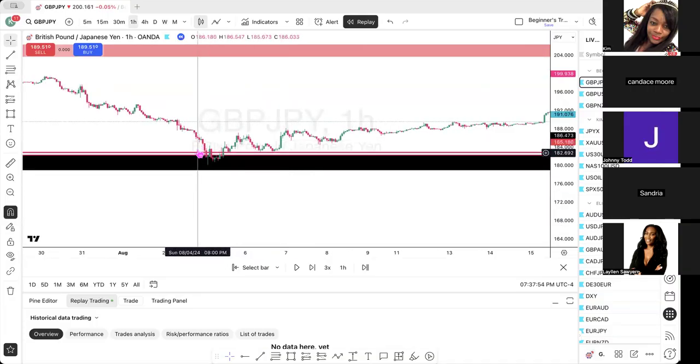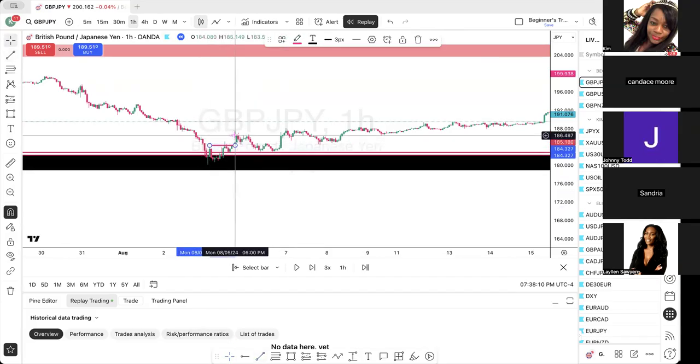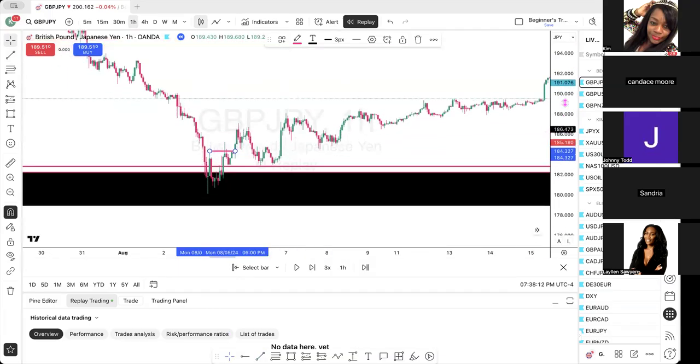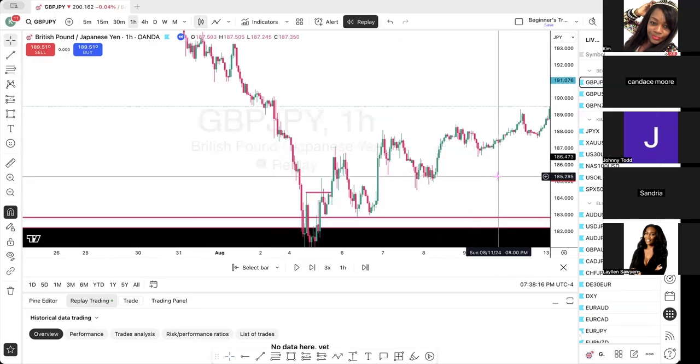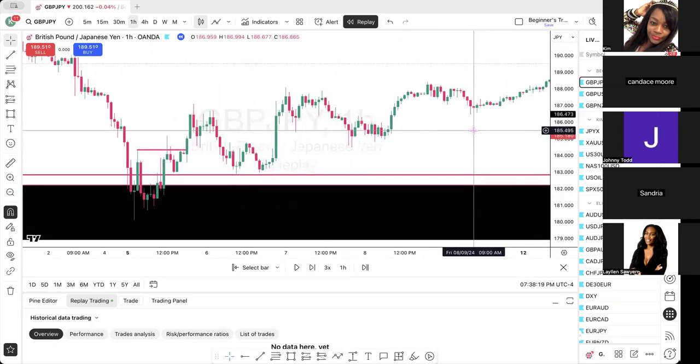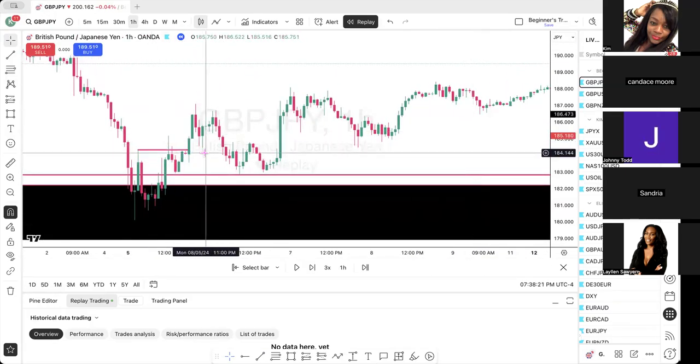Price pushed up, price could have pushed back down, but it did not. It broke structure in my zone. You always want to look for price to come back to your zone. Don't try to trade the middle. Okay, so price broke structure.